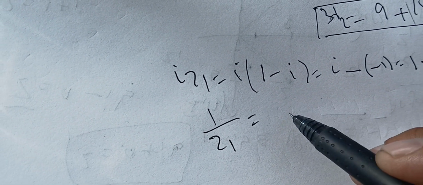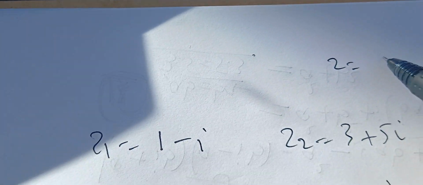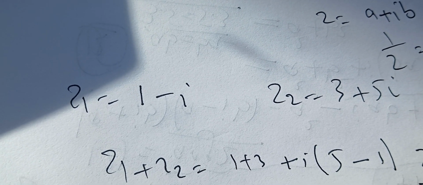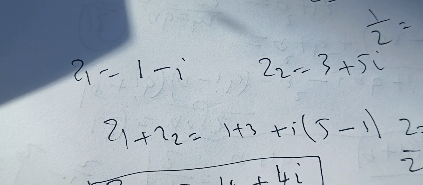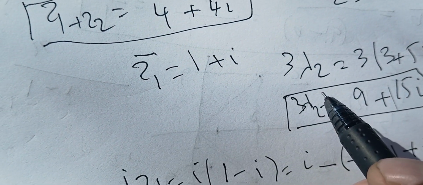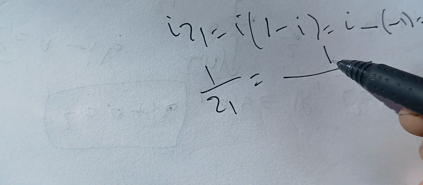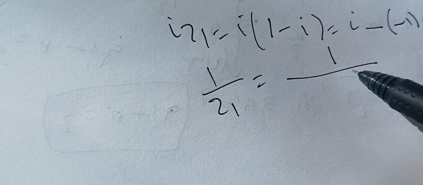Now what's 1 over z1? It's the inverse, so here we remember the formula. When you have a number z, which is a plus ib, 1 over z is a over a squared plus b squared, minus ib over a squared plus b squared. Here a is 1. a squared plus b squared, where b squared is 1, is 2.